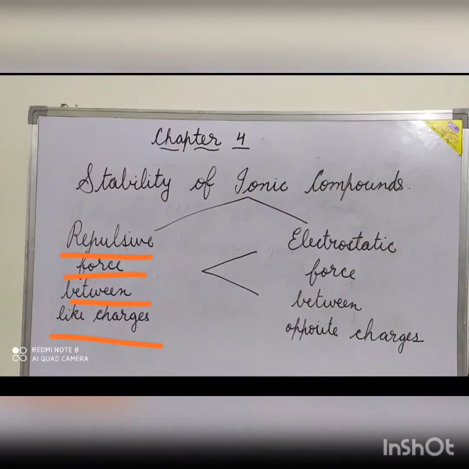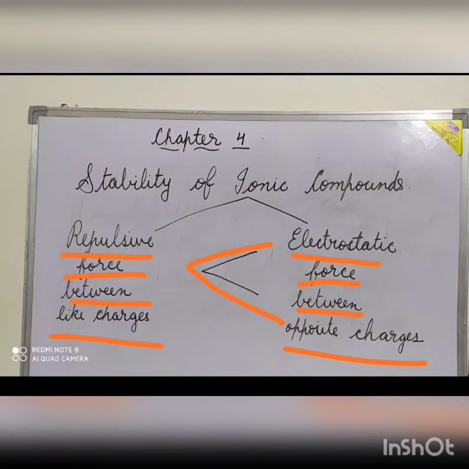So there are two types of forces present in the ionic compounds: electrostatic force between the opposite charges and the repulsive force between like charges, that is same charges. But the electrostatic force is more than the repulsive force, and that is why the ionic compounds are stable.